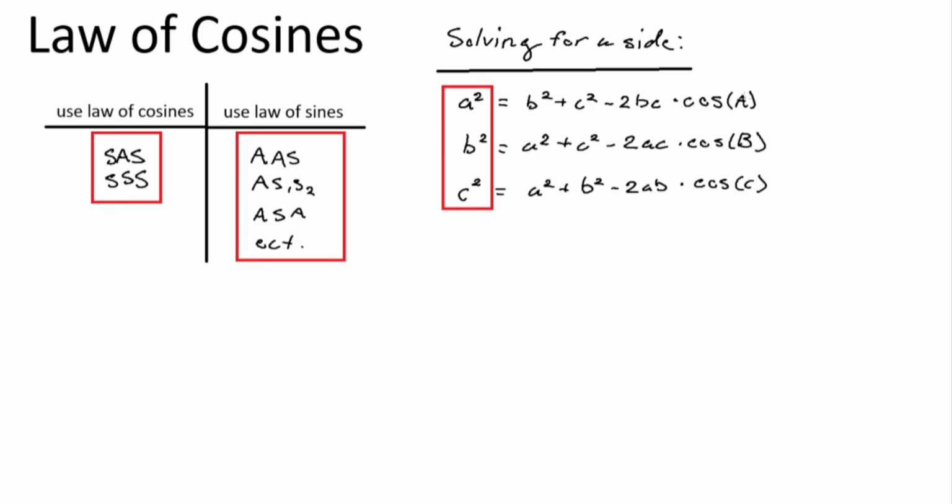And what angle A is, if you remember from the Law of Sines video, is that angle A is opposite of side A, and side A is opposite of angle A. But you don't see A anywhere else.